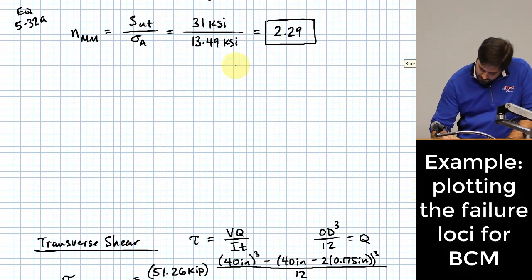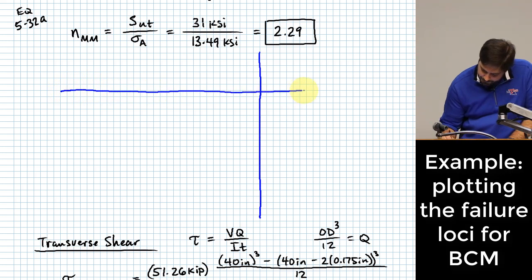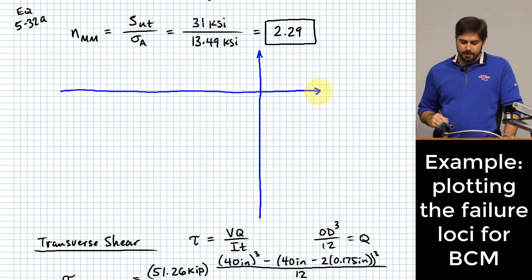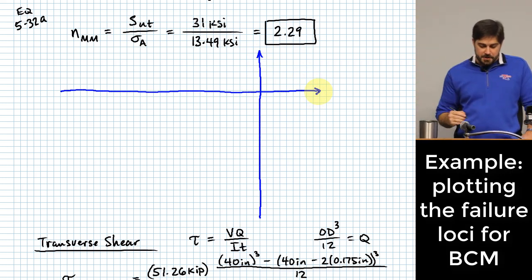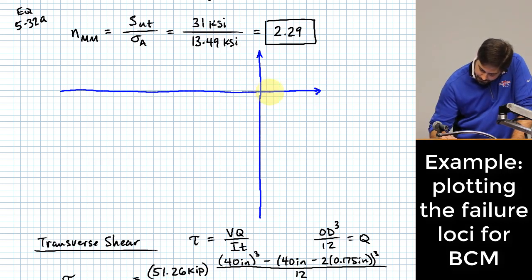So, all right, the failure locus. The failure locus is fairly asymmetric. I'm going to make these squares worth about 10 ksi each.